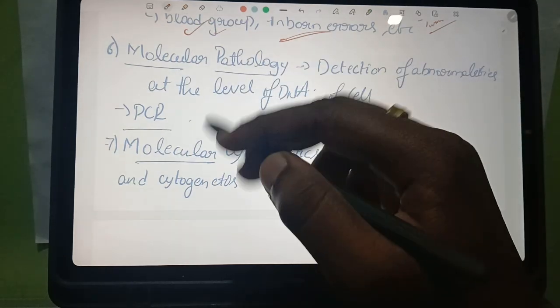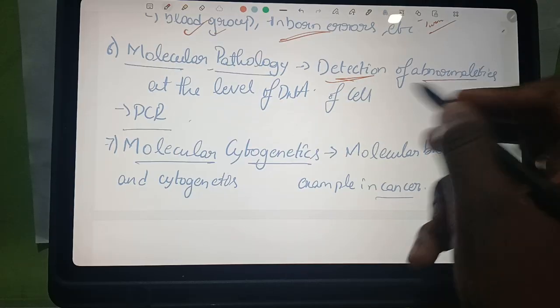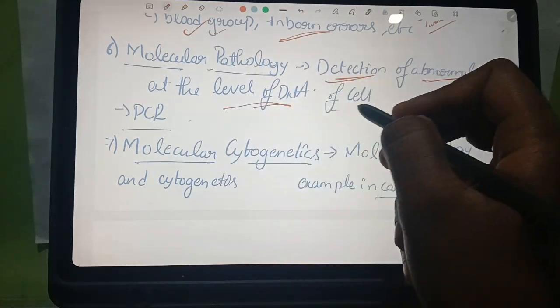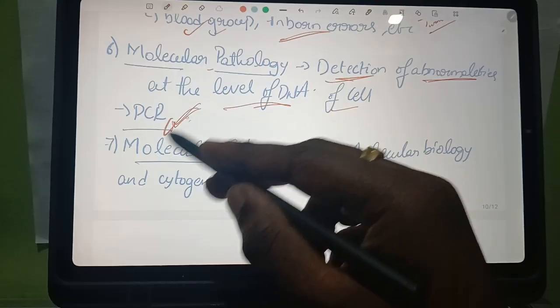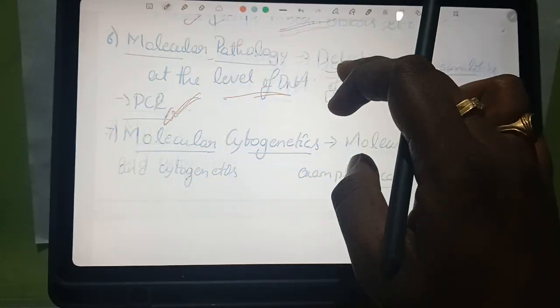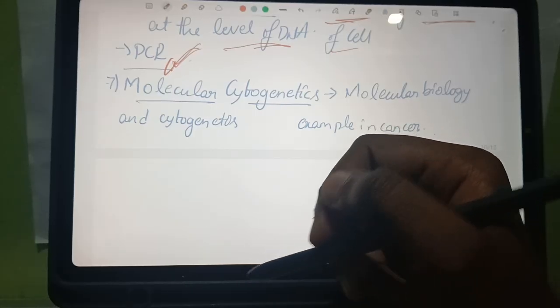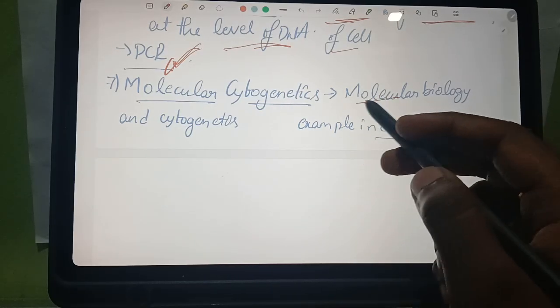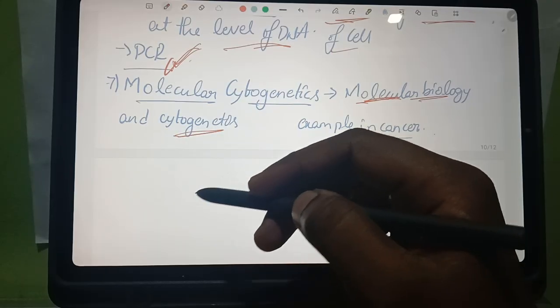And then molecular pathology means what? Detection of the abnormalities at the level of DNA of cell, for PCR test, for example. And then molecular cytogenetics. It means molecular biology and cytogenetics.